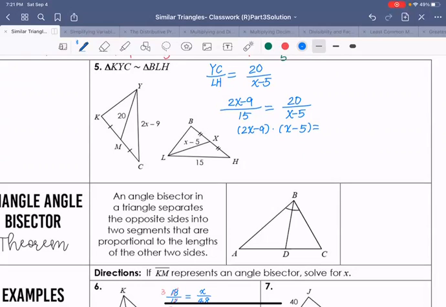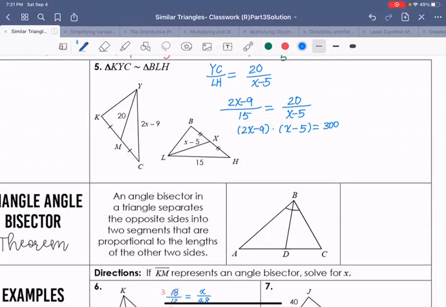Equals 20 times 15. That's how much? 300. Go ahead.